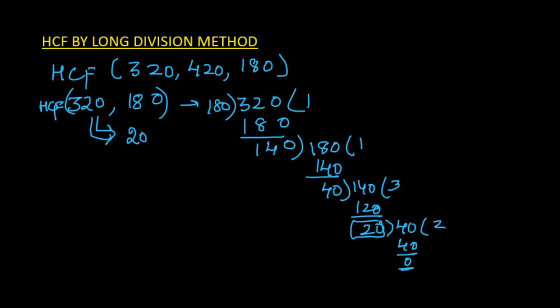Now we will take this particular HCF and the third number which is remaining. The third number which is remaining is 420. So now we will try to find out the HCF of 20 and 420.